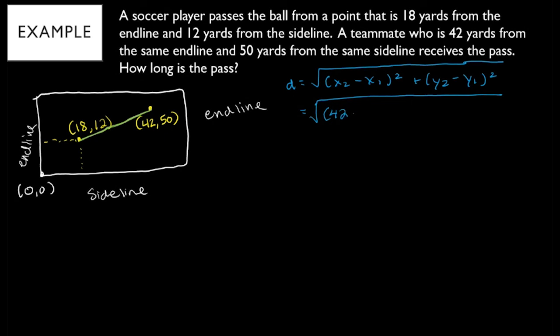So we'll do 42 minus 18 squared plus 50 minus 12 squared. So 42 minus 18, pulling out a calculator, is 24. So that's going to be 24 squared, and then 50 minus 12 is 38, so that's going to be 38 squared.